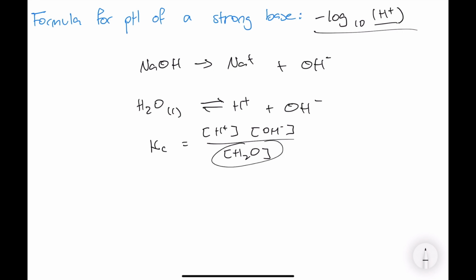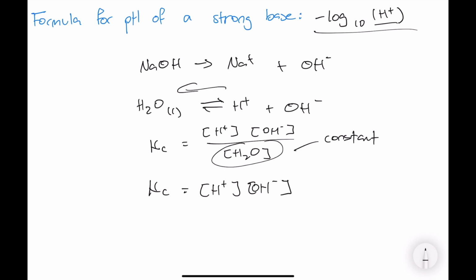However, the concentration of water is considered a constant because the equilibrium really lies far to the left of this reaction. So we can simply rewrite this equilibrium constant as just the concentration of the hydrogen ions times the hydroxide ions.